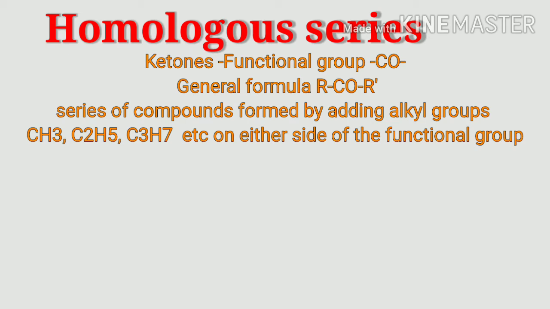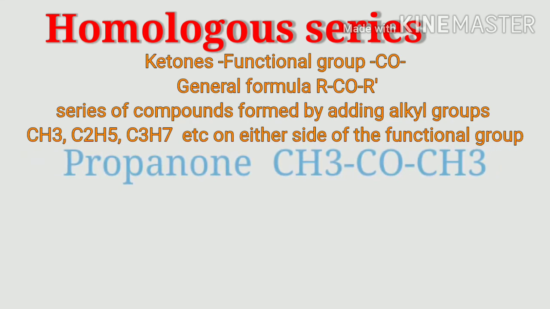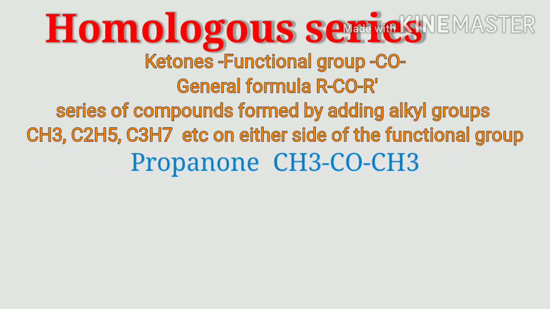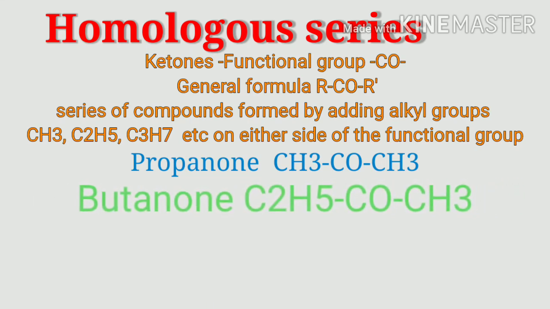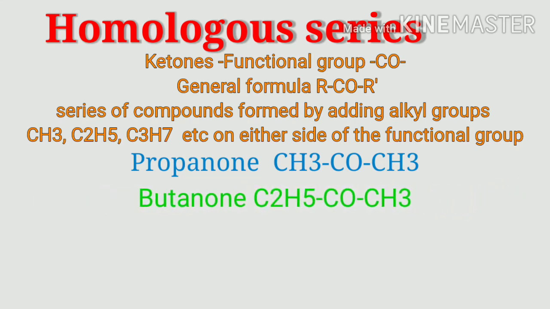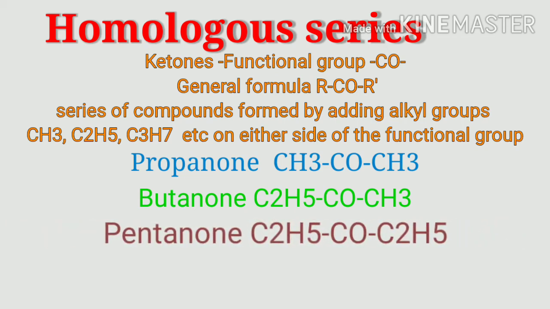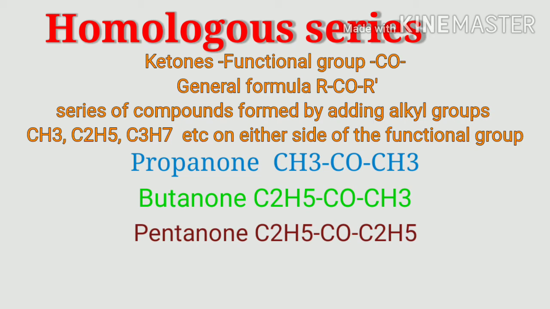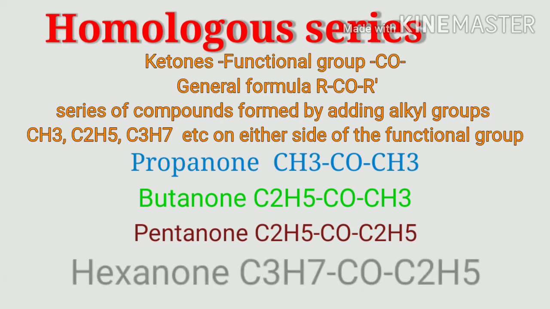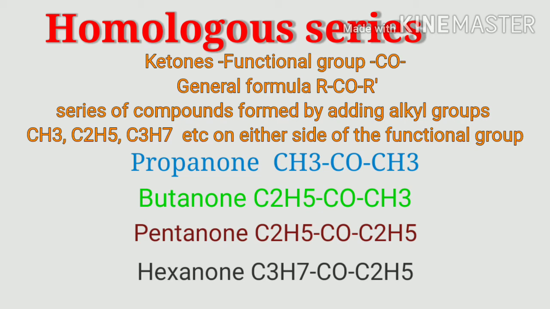So first member here will be propanone with methyl group on either side of CO, butanone with ethyl and methyl group on either side of CO functional group, pentanone with ethyl group on either side of functional group CO, hexanone with propyl and ethyl group on either side of functional group CO. You will notice functional group CO is between two or more carbon atoms.